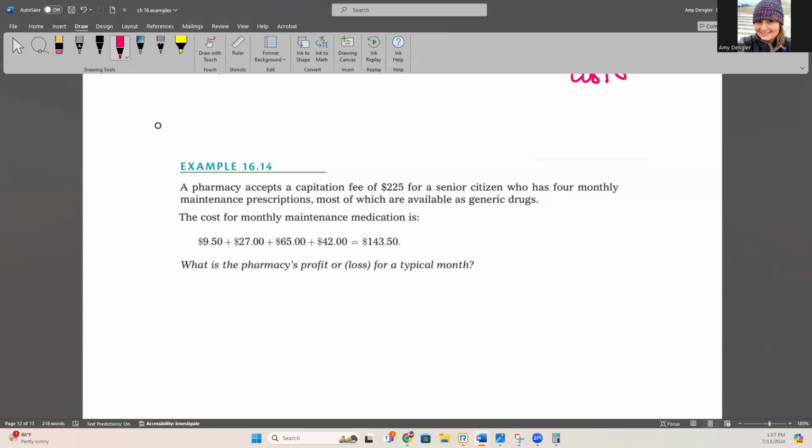So we would take the $225 and minus that from the $143.50, and that gives us a profit of $81.50.